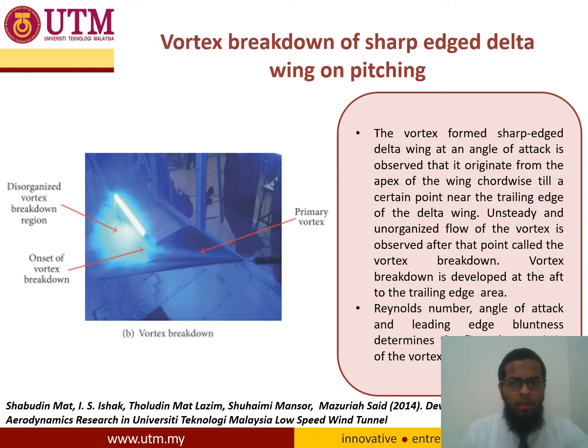After that point, the unsteady, disorganized flow of the vortex, which is called the vortex breakdown, is formed, and the flow characteristics of vortex breakdown are determined by the Reynolds number, angle of attack, and the leading edge luminance. These experiments were done with laser smoke flow visualization.